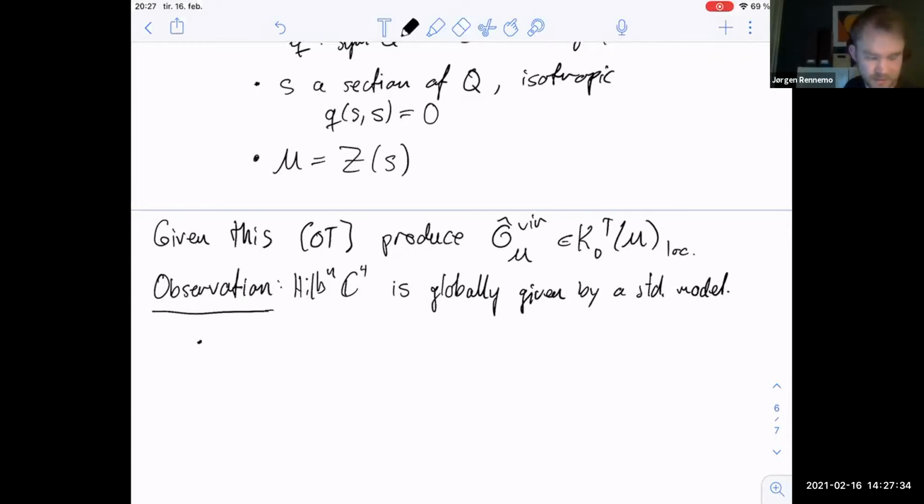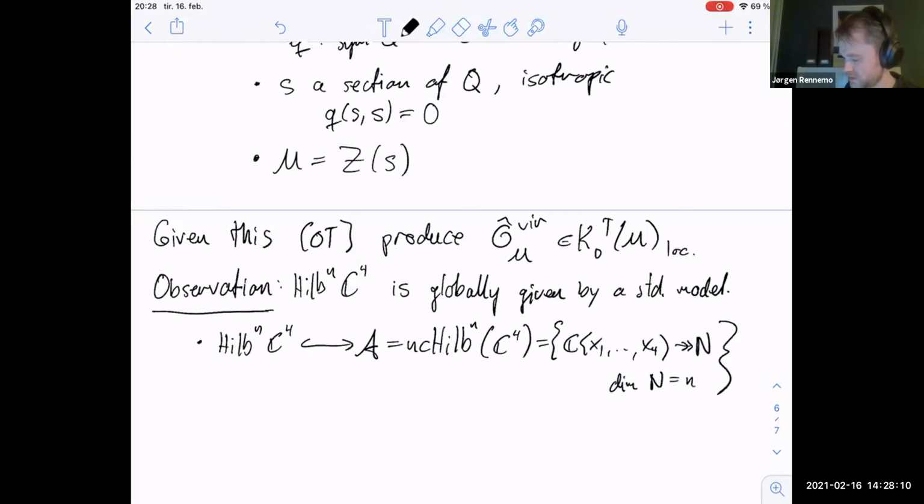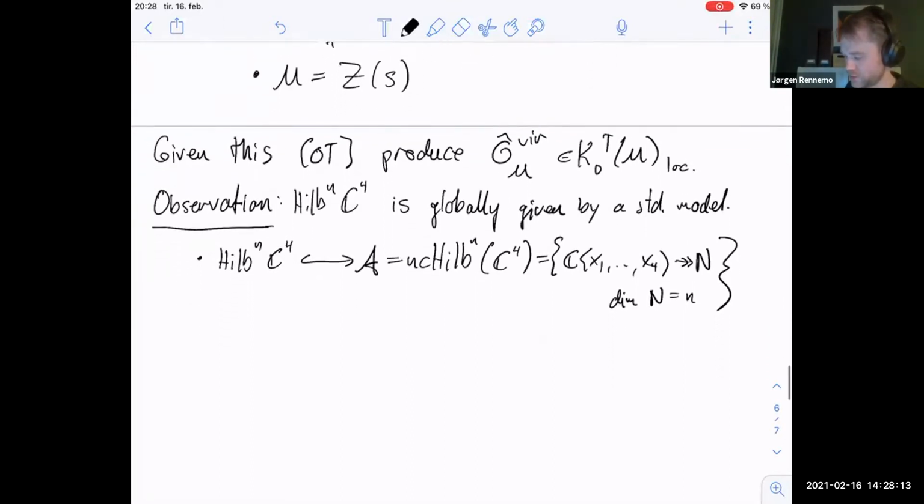This is very similar to what happened in the 3D case. Again, you embed it into the non-commutative Hilbert scheme of C^4, surjections onto modules which have dimension m.